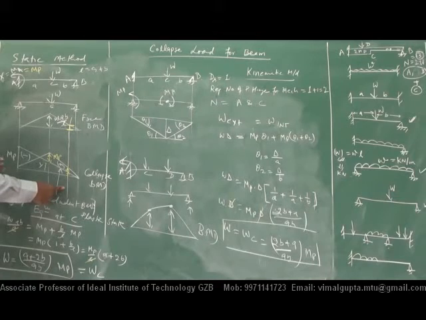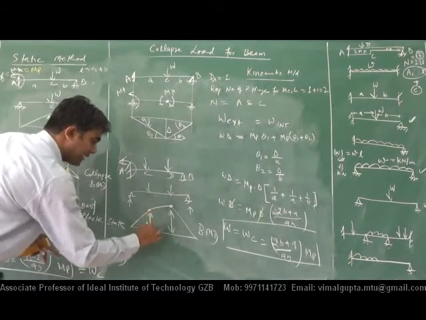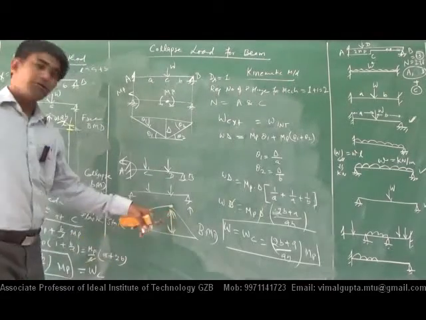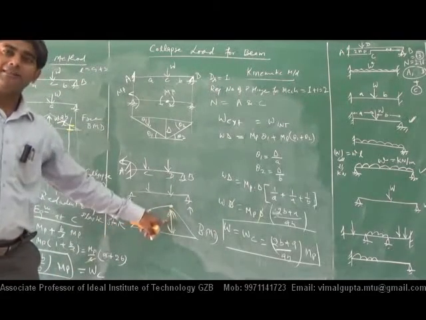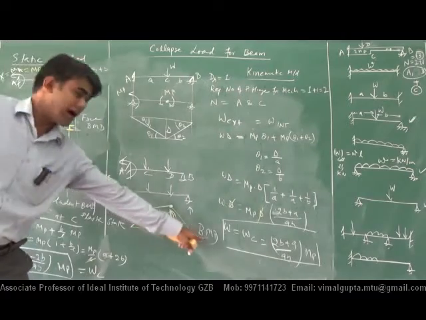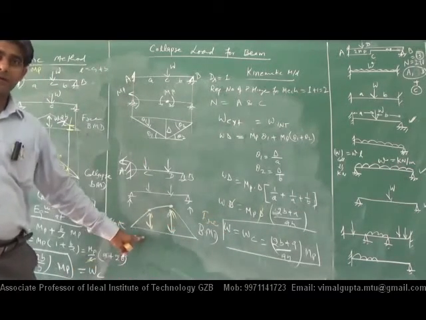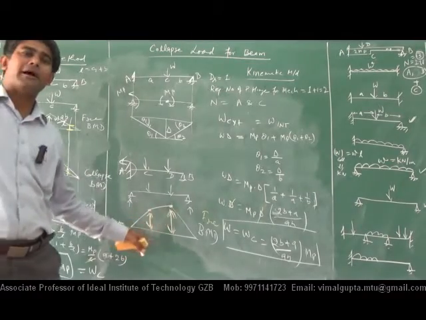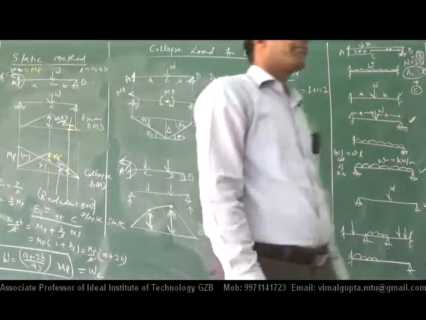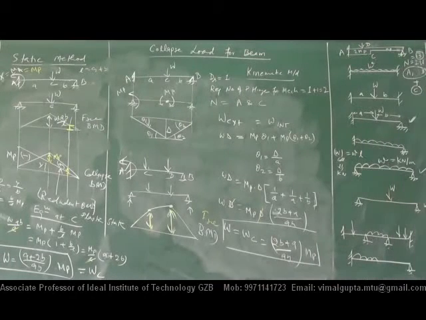So simply apply the equilibrium condition at the point where the peak of the free BMD value is known. Clear? Apply it where the peak of the free BMD is known. Just look at the maximum one.